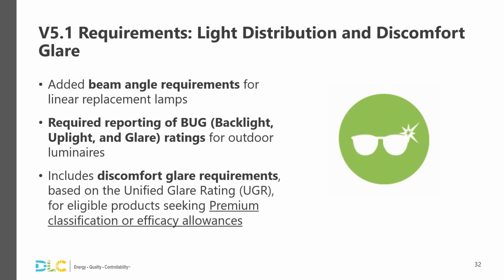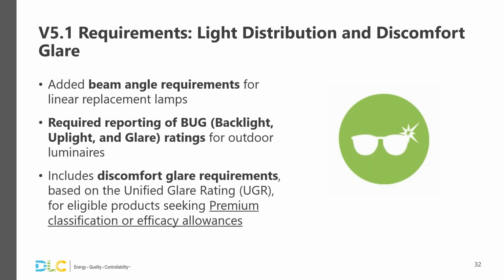Instead, a beam angle requirement was introduced, and all linear replacement lamps shall demonstrate a beam angle of 140 degrees or greater. And we will discuss these requirement details in the next slide, and requirements related to reference housings will be covered in the later part of this webinar.